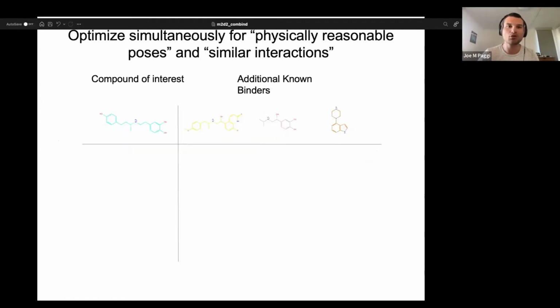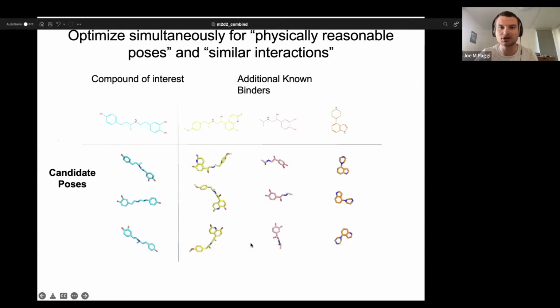So we thought that we could come up with a method that simultaneously optimizes for both being physically reasonable and forming similar interactions. So the idea is that, if we have our compound of interest, we generate a bunch of candidate poses. And if we have a bunch of additional known binders, we generate a bunch of candidate poses for them too.